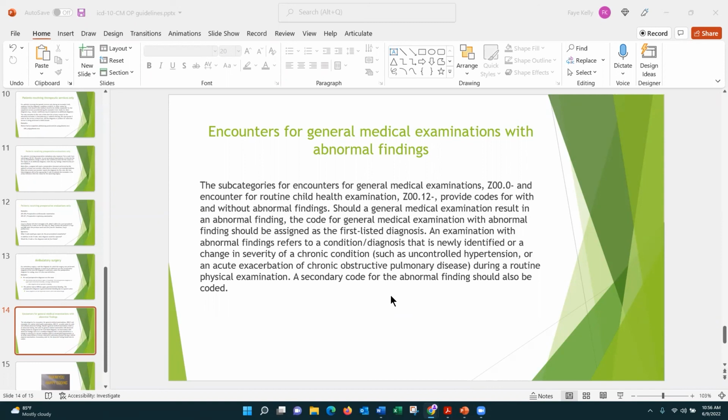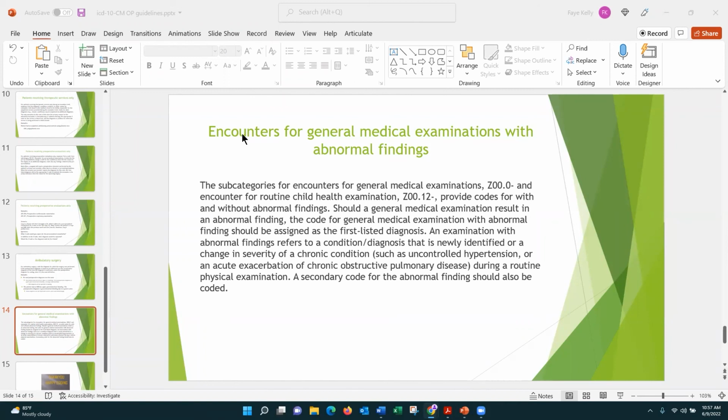And it defines that an exam with abnormal finding refers to a condition that is newly identified or a change in maybe a chronic condition that the physician determines during a routine physical exam. You're going to also assign a secondary code for the abnormal finding. But when this patient is coming in for a medical exam, that Z00 category is where you want to look.